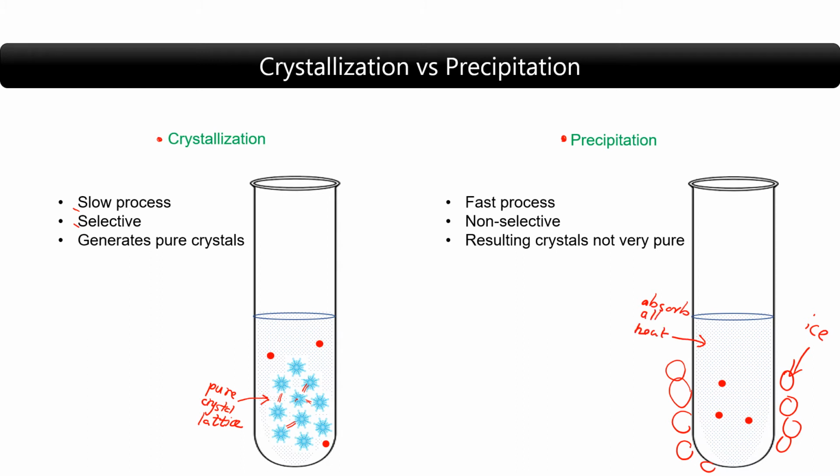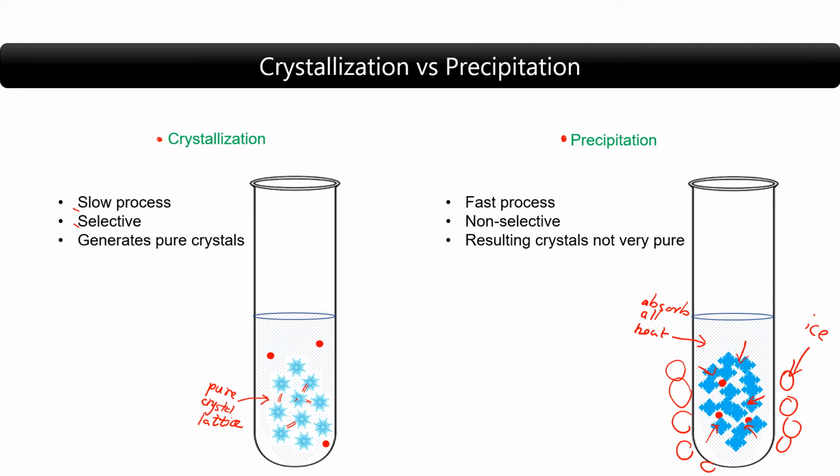And when the heat is absorbed really fast, it causes a rapid crystallization process, so these crystals don't have time to be selective and organized as in crystallization, but they're rapidly formed into a solid crystal lattice, and in that process the impurities get trapped within the crystal.